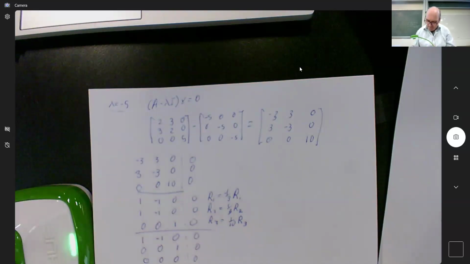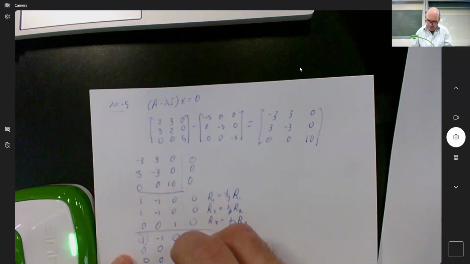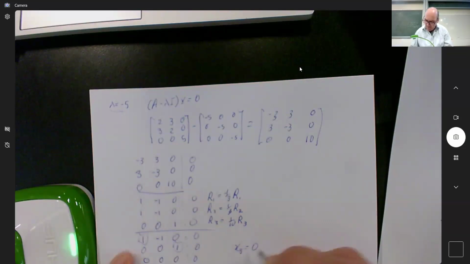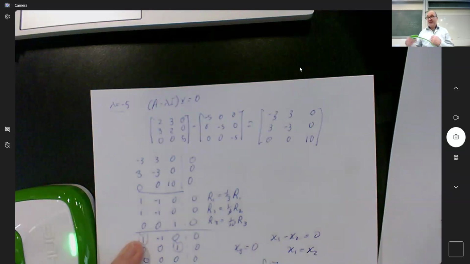And so I'm going to identify my basic variables. One of them says x3 is equal to 0. And this one says x1 minus x2 is equal to 0, so x1 is equal to x2. And so my eigenvector would be like 1, 1, 0 times x1. I can kind of forget about that because that's going to help me define the eigenspace.